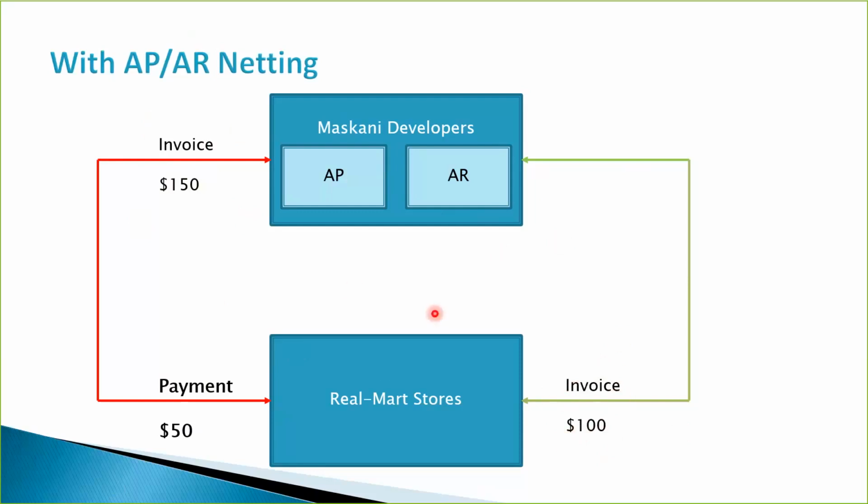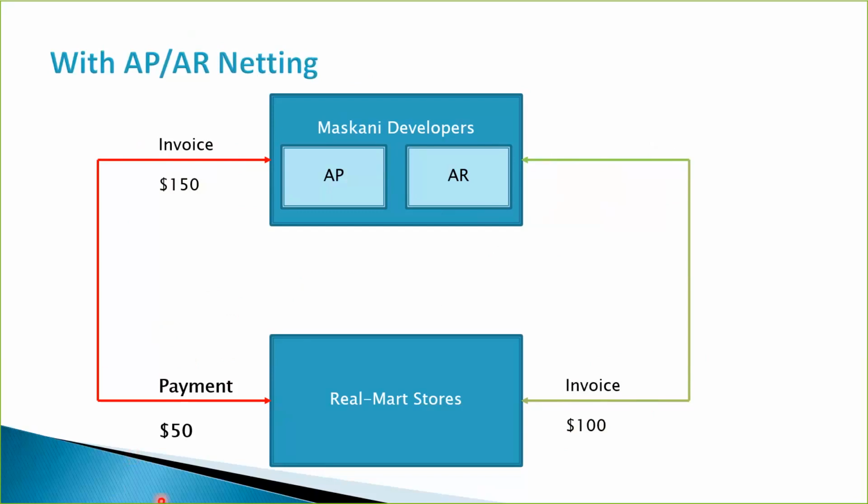However, because we already know what the situation is from this slide, there will be no need for them to pay us $100 and then we pay them $150. Rather, the net would be that we owe them $50, right?